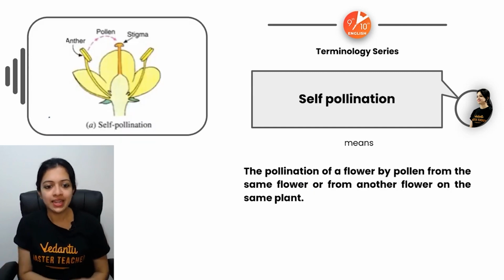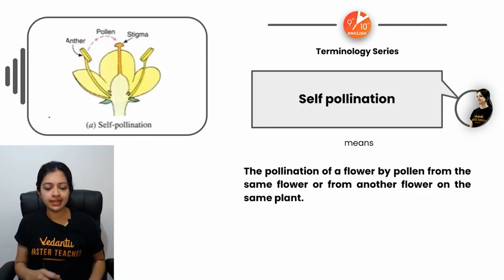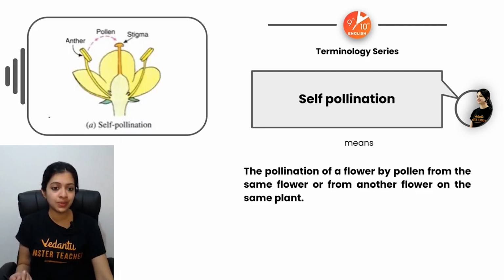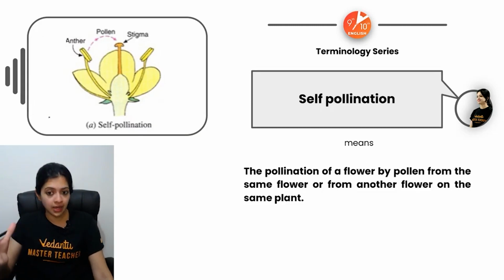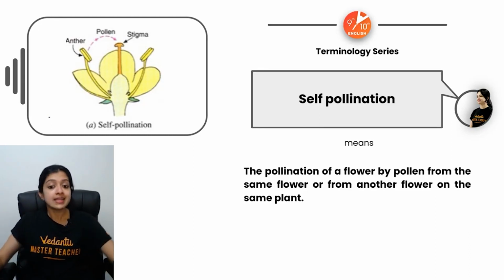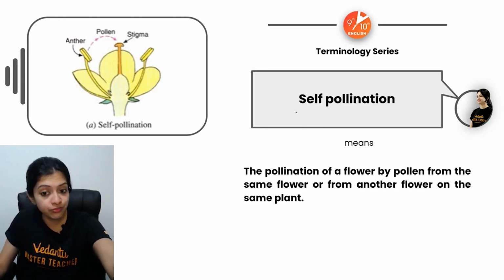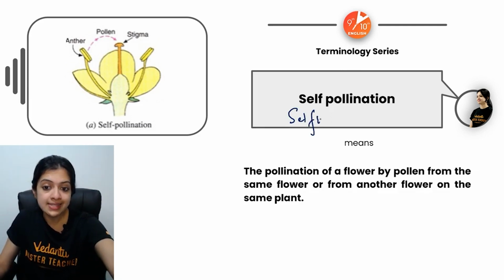Okay, right. Now, self-pollination. Children, I think I've told you this in the chapter on reproduction as well. The term is mentioned here as well, because in Mendel's experiments, you need to know these terms really well to understand. Self-pollination or selfing. You might even hear the word selfing mentioned in some places.